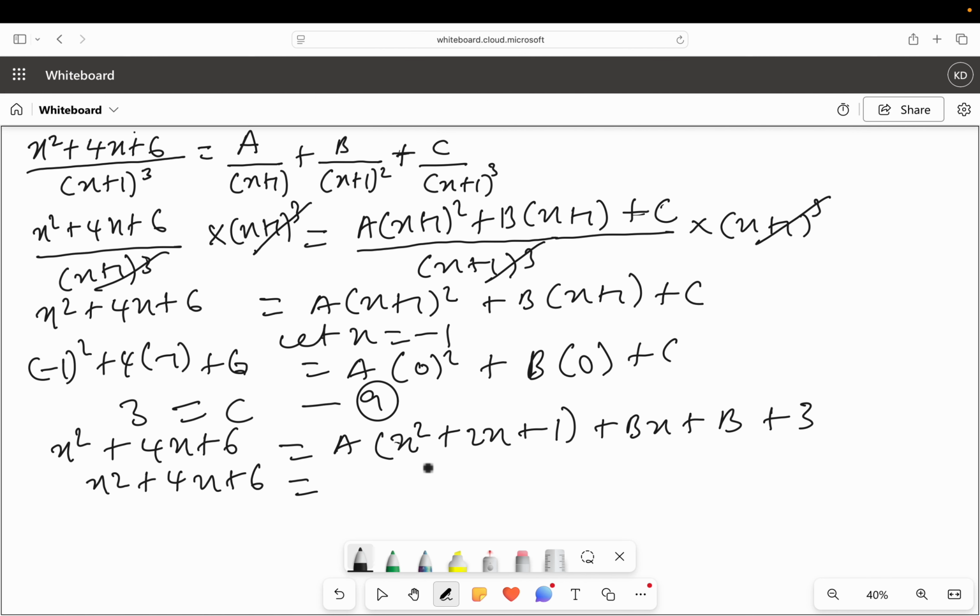So for s squared, I just have one term which is as squared. So for s, the like terms, I have 2a from this part. So I will have 2a. From this part, I have only b, so plus b. Then for the constant, from this part, I just have a. Then from this part, I have plus b plus 3.